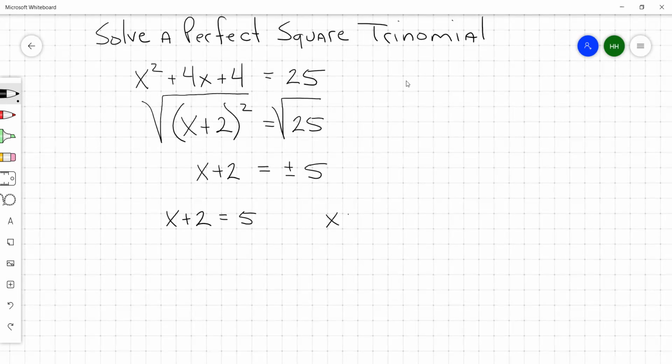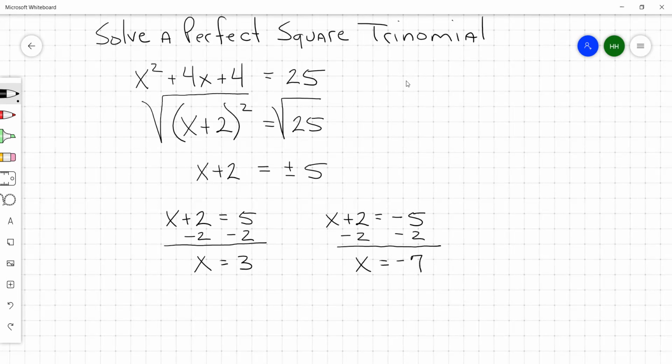And then you take x plus 2 and make it equal to the negative 5. Then we have to solve both equations. So we subtract 2, and we get x equal to 3. And then subtract 2 again, x equals negative 7. So those are your two solutions, or those are your two zeros for that perfect square trinomial.